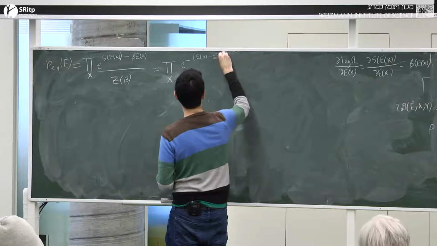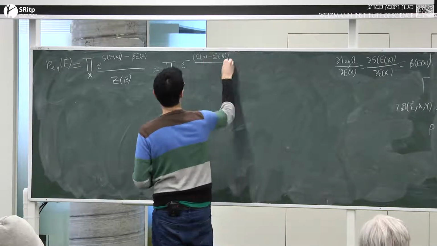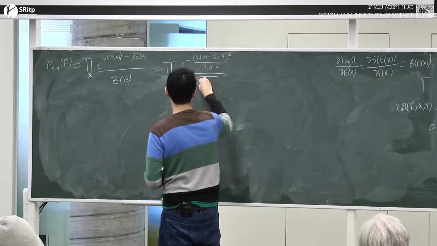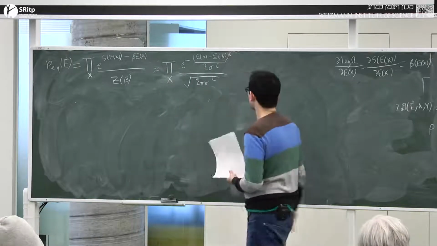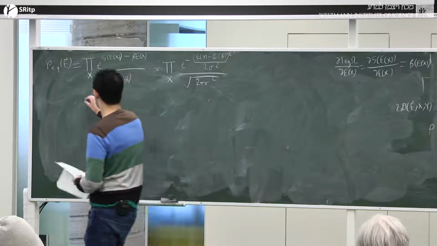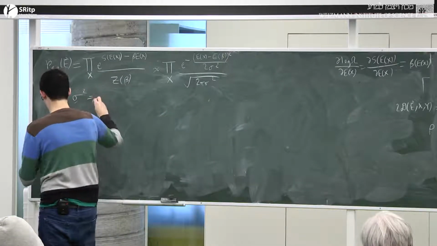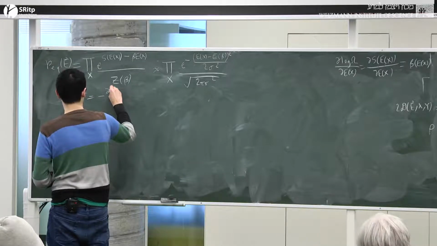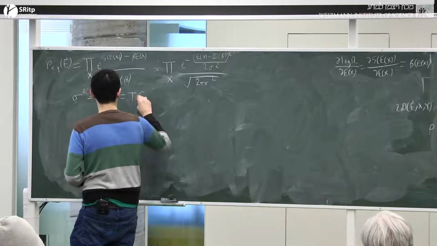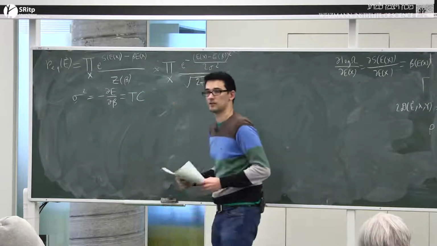E bar beta. The variance in this Gaussian distribution is given by minus dE d beta, which is alternatively temperature times the specific heat in each region.